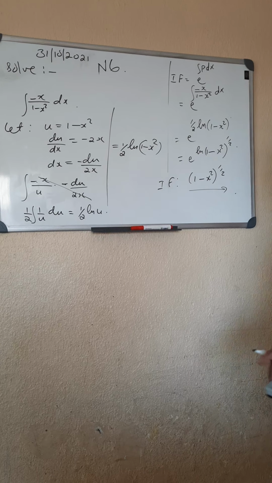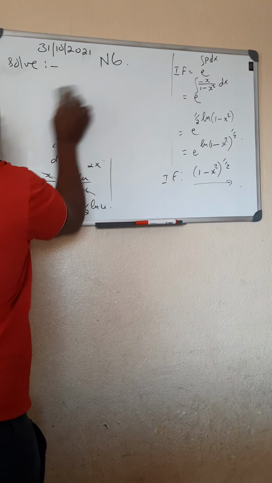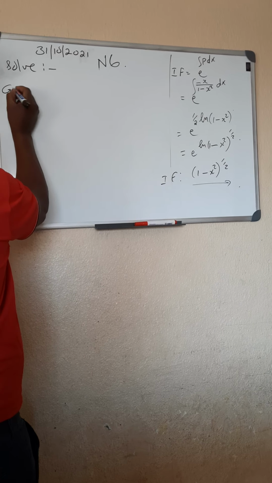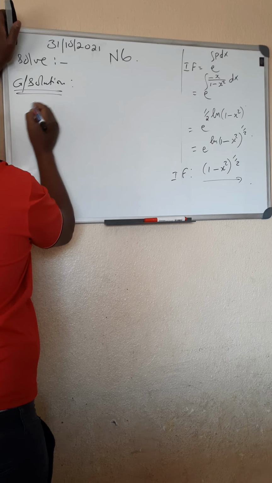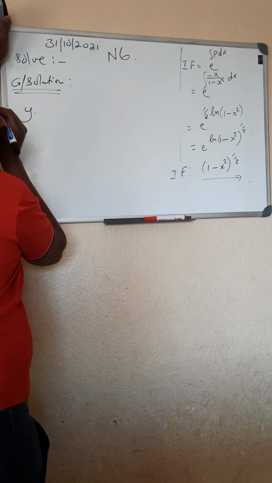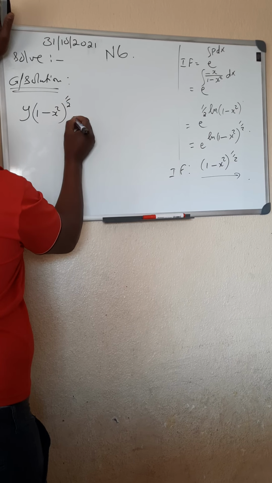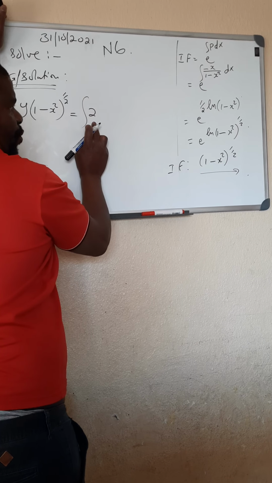Now, it being the integrating factor, what is the solution? The general solution would be y times the IF equals integral Q times the IF dx.